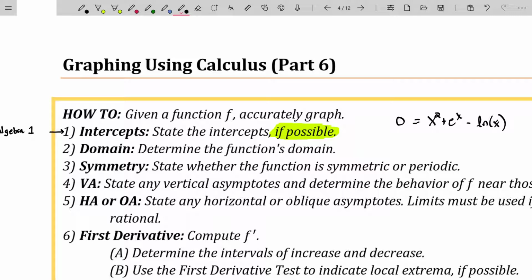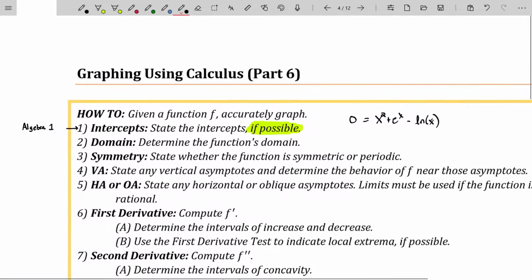There are techniques to help you. There's something called Newton's method, but in the calculus book that I use and that most of the nation uses, Newton's method is not covered until after you're done graphing, which is sort of weird, and I'm kind of thinking it should be taught first, but okay, not a big deal.